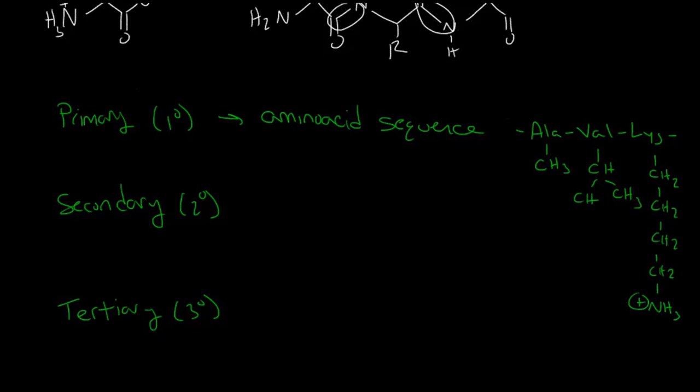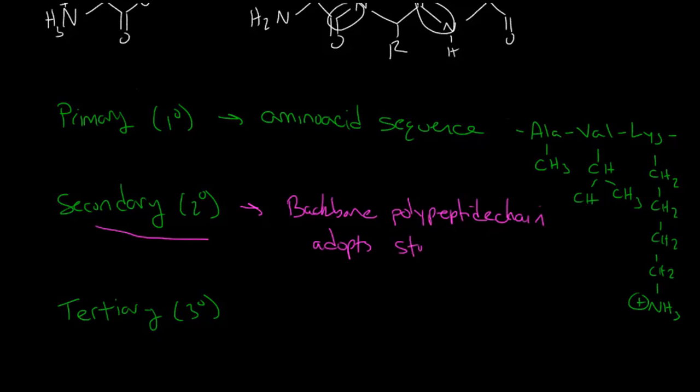When we're thinking about secondary structure, what we're thinking about is how the backbone of a polypeptide chain can adopt certain structures. The two really big structures that we're going to care about are beta sheets and alpha helices.